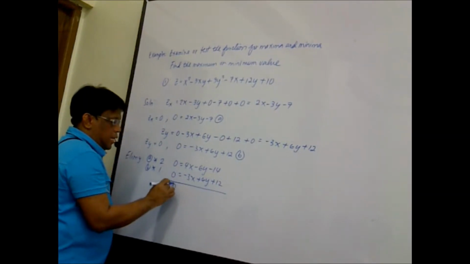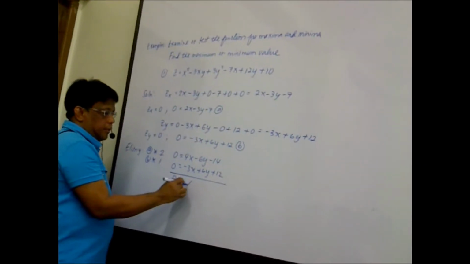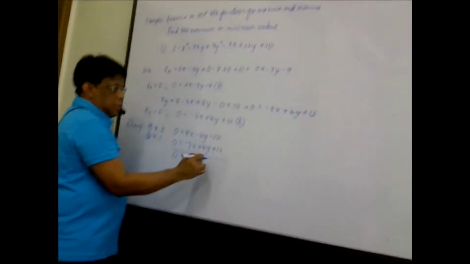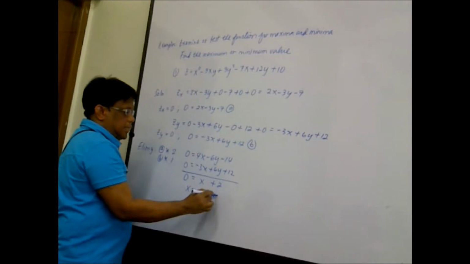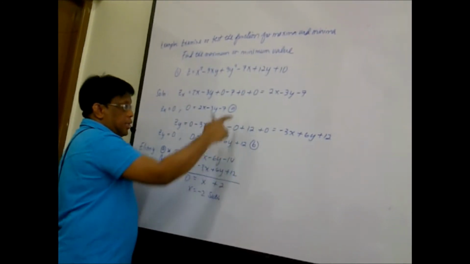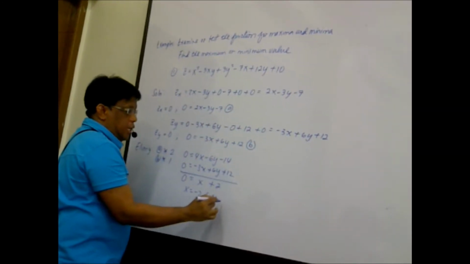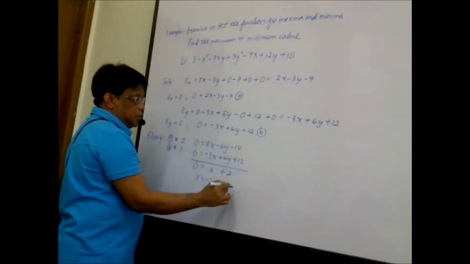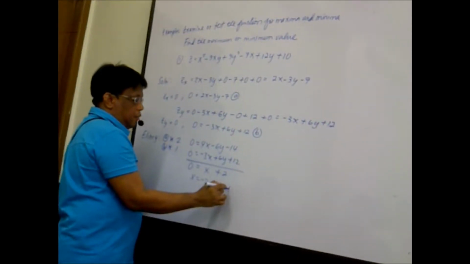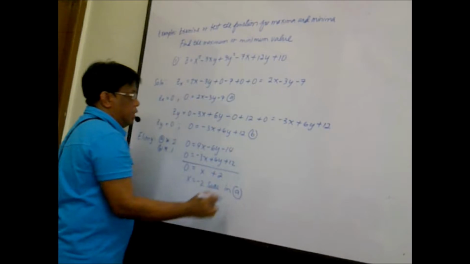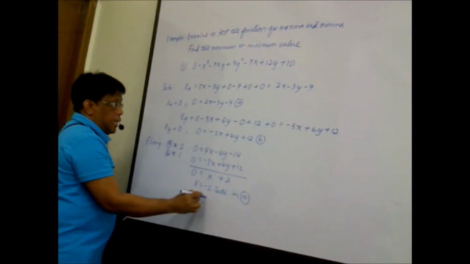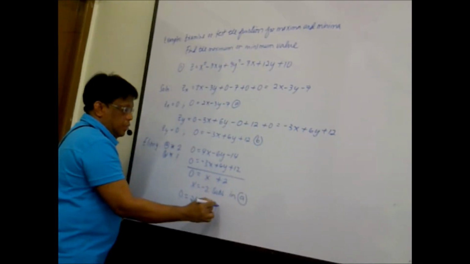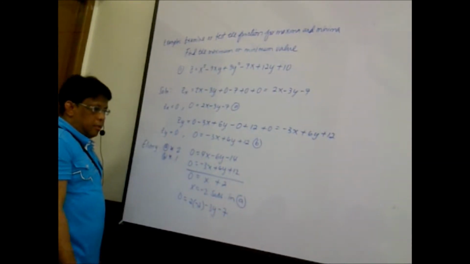So solving now for variable x, we have 2. So what's the x? x equals negative 2. Then you will now substitute this value of x in any of the two equations A or B. But we will choose the simpler equation. Of course, that is equation A. So that is now 0 equals 2 times negative 2 minus 3y minus 7.